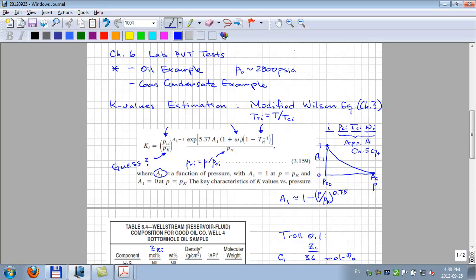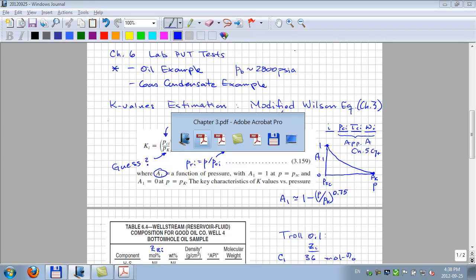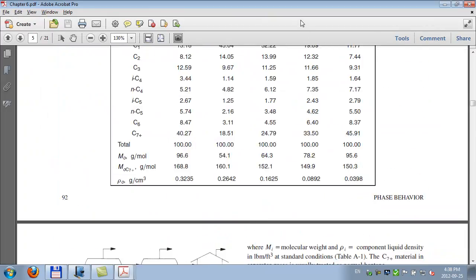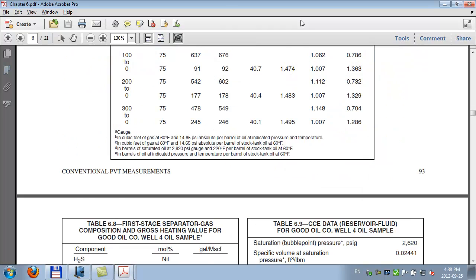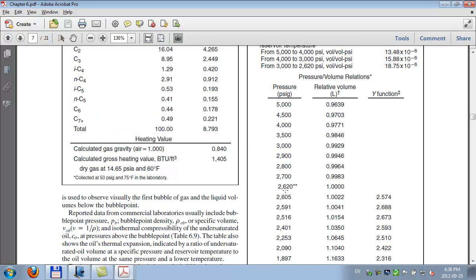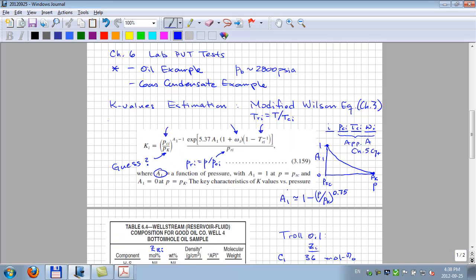I think we could look for that. Chapter 6, somewhere. It's 2620. You don't need to worry about that. It's here. So it should be 2600.